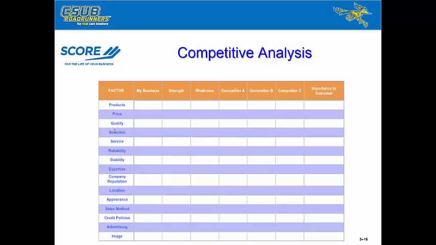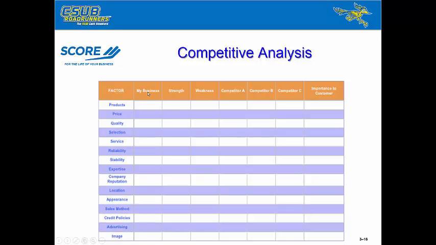The full version of this tool looked kind of like this. You've got a number of rows for products, price, quality, selection, service, reliability, stability, expertise, company reputation, location, appearance, sales method, credit policies, advertising, image.